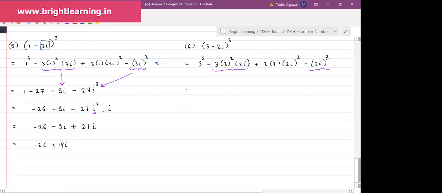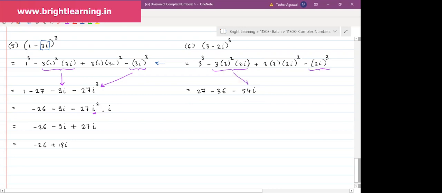So it will be 27 and 3 3s are 9, 9 4s are 36. So 36 with a negative sign it will be. After that, minus 9 3s are 27, 27 2s are 54 times i.